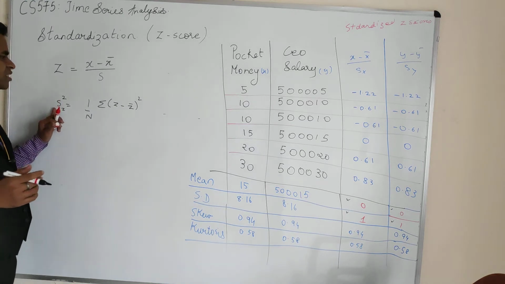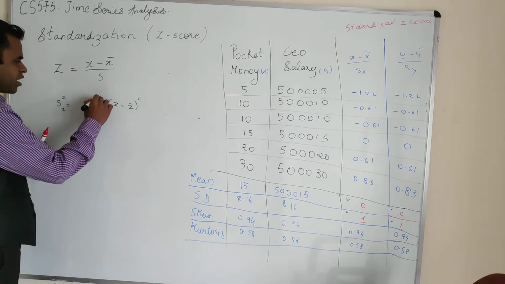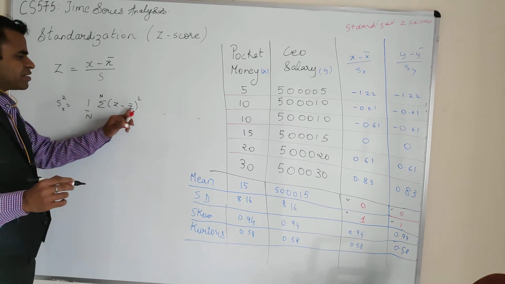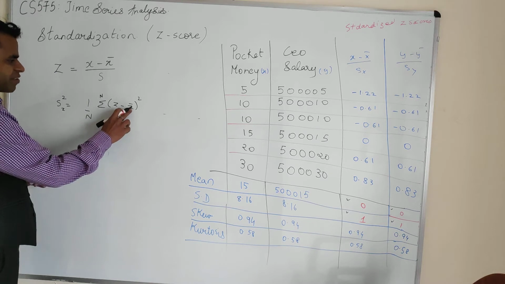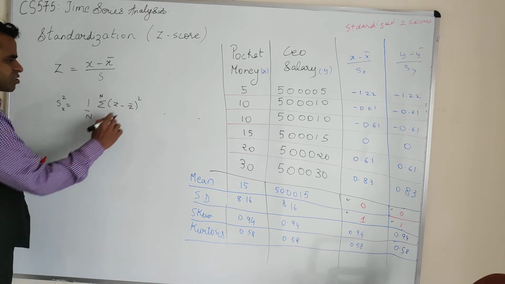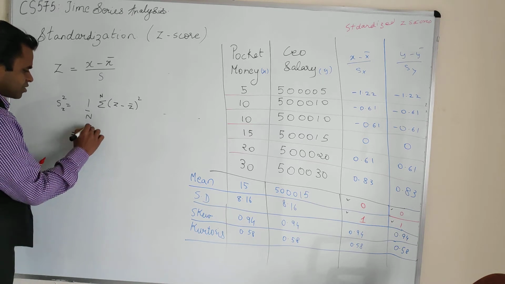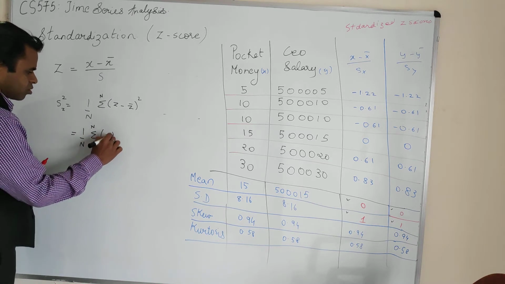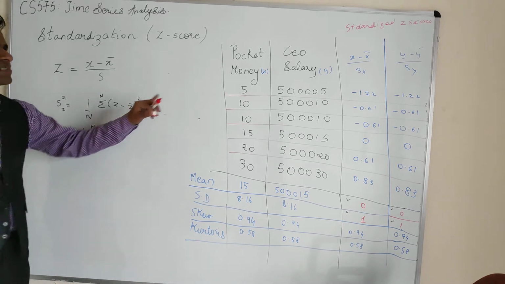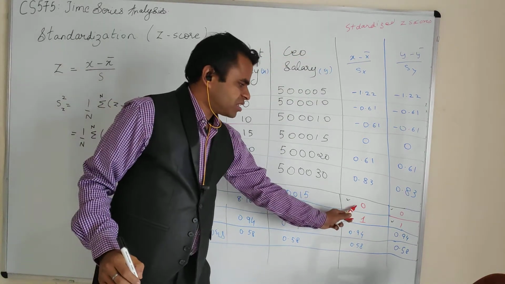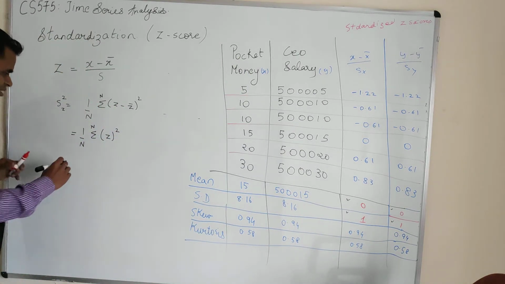So the variance of z, s square, will be 1 by n, and then we sum for n values z minus z bar, squared. In the previous proof you saw that when everything is in z scores, z bar reduces to 0, because in normalized z scores the mean is always 0. So this basically cancels out, leaving z square.